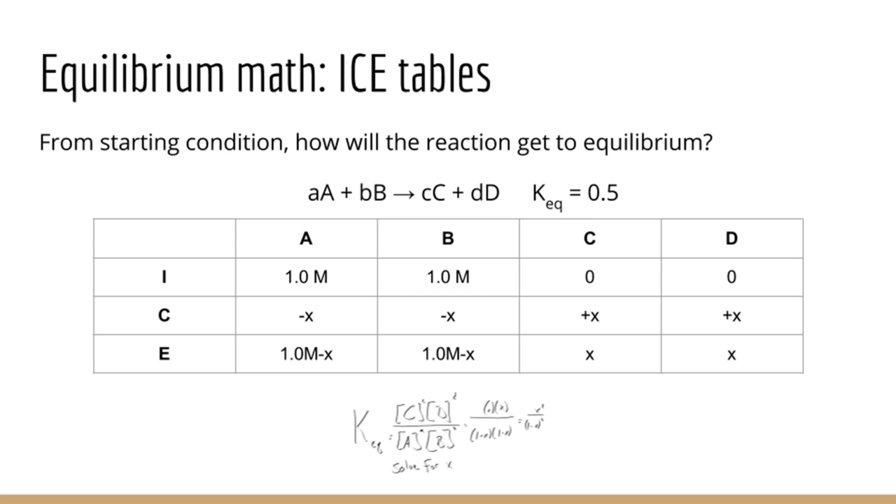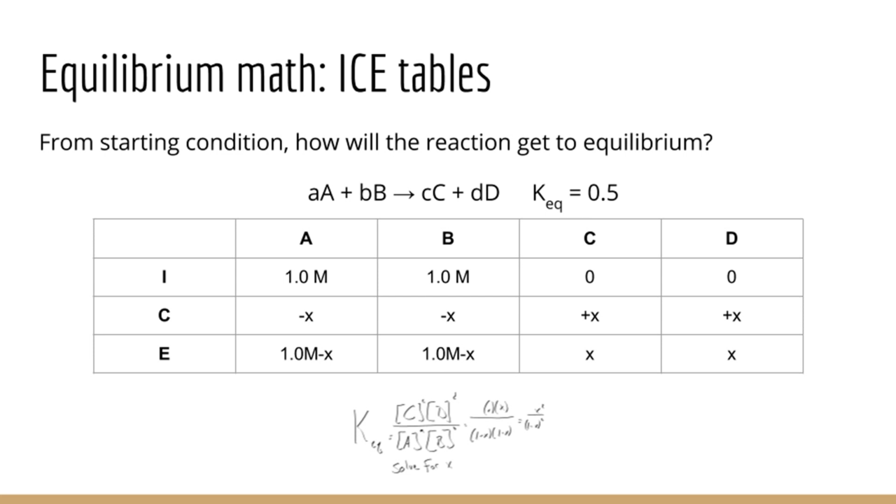And those numbers would be what we would plug into the equilibrium constant expression. So remember, KEQ is products over reactants. So C to the c times D to the d divided by A to the a times B to the b. And then you plug x, or those equilibrium condition values, into there.